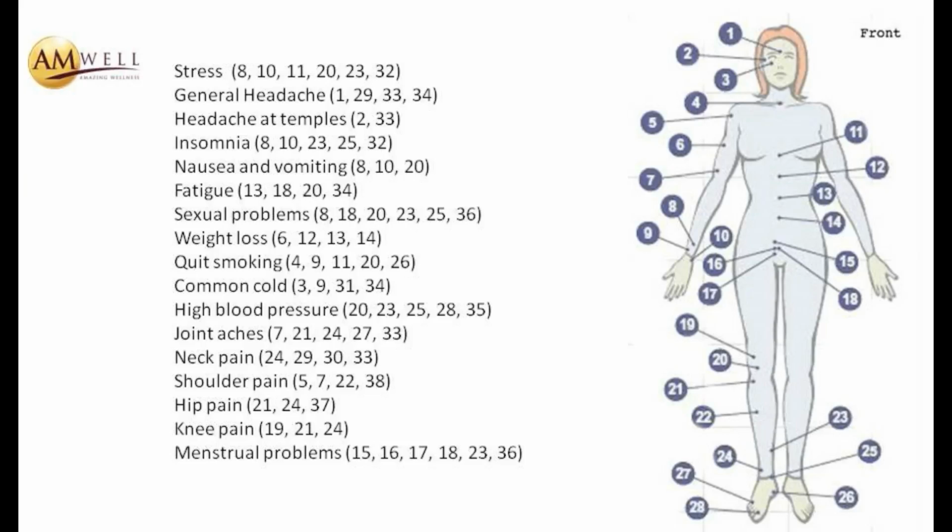These points help your body identify and activate weight loss. If you look at weight loss, you're looking at the arms, just near your biceps. That's where you tap number 6 and apply pressure, or at your stomach area, number 13 and 14.